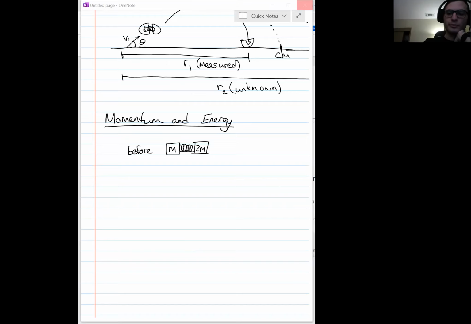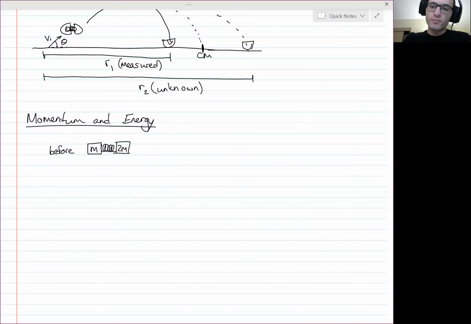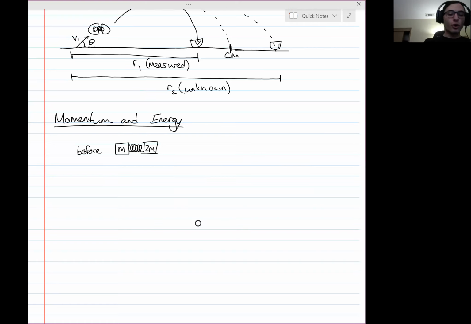Before we have that, in the aftermath, we have M1 speeding away that way.